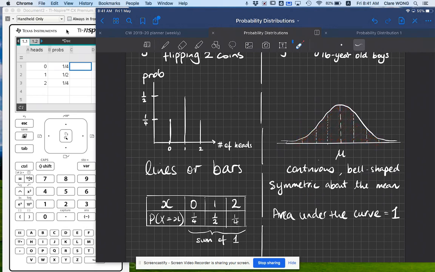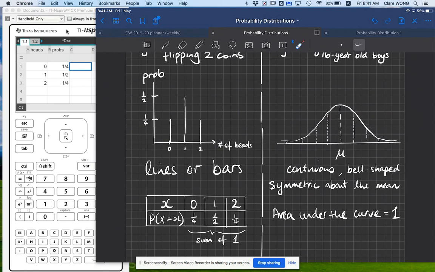If I do the same thing over here, as you can see, it's pretty much showing the same shape, but we can't put a curve there because here we're dealing with discrete variables. So it can only exist as bars or lines.